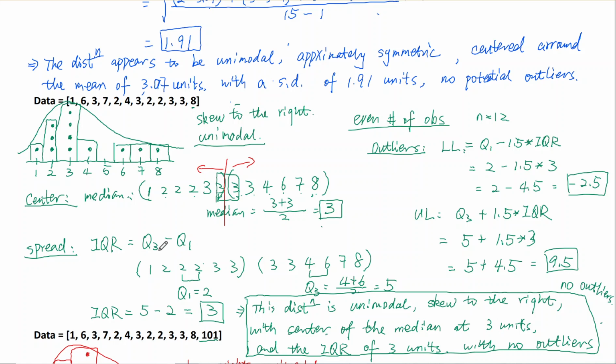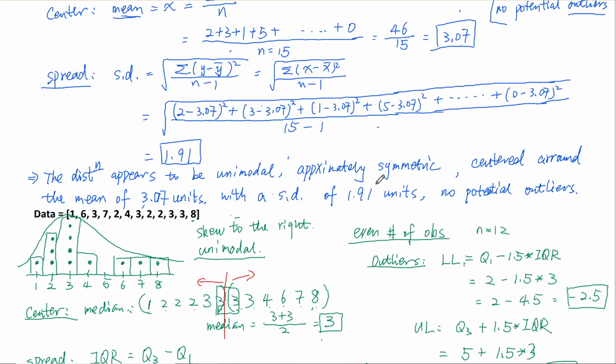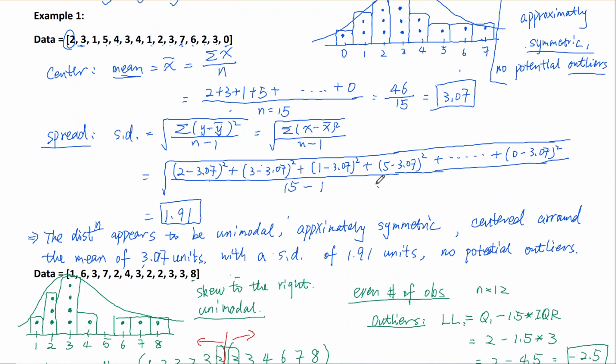So especially in the exam, I don't think I will ask you to use JMP. You need to calculate and type in your answer by hand, or find the median and IQR by hand. You need to follow these steps, not JMP. If you use JMP, you may have different answers.